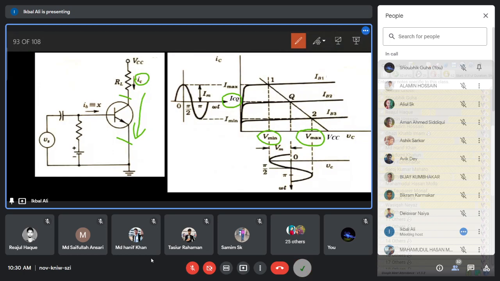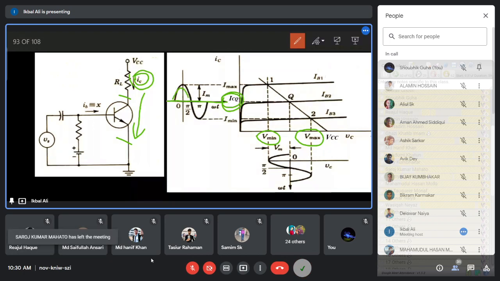And if the parameter is small and the suffix is also small, where suffix means collector, emitter, base, then the current is truly AC. The total collector current is the summation of the true AC current plus the DC. You see that this is the DC ICQ plus the AC variation.